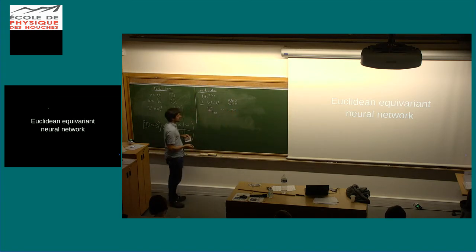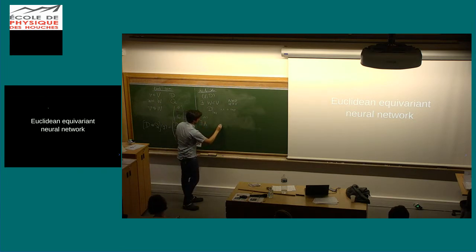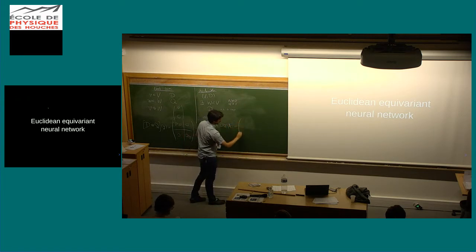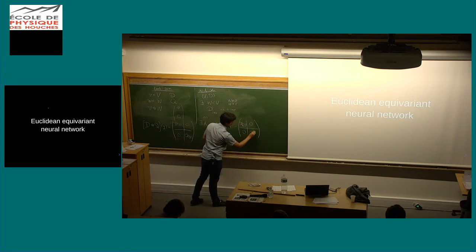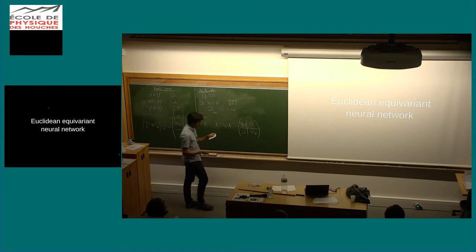It is equivalent to say that there exists a change of variable such that if you apply it to D of G, the matrix will be block diagonal. You will have the restricted representation here and some other representation here.